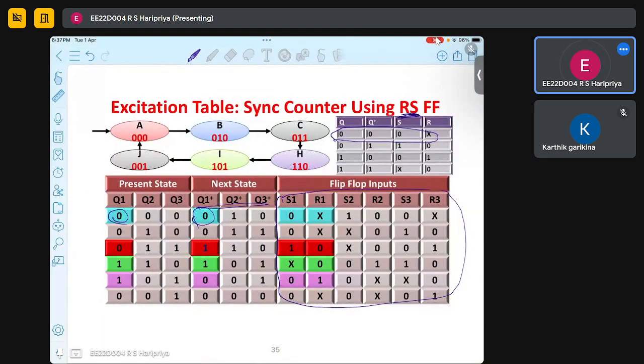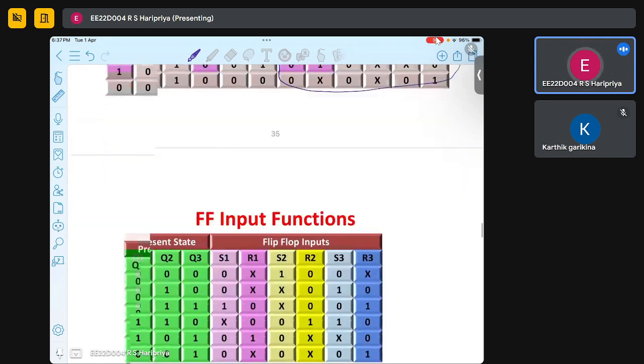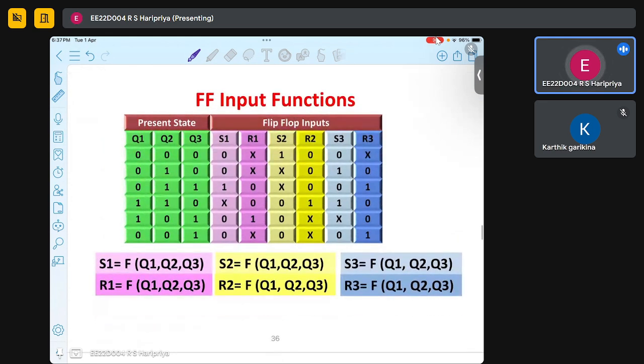So R1, S1 is 0x. In this way, we will fill this table using the excitation table of the RS flip flop, and again the present state and flip flop inputs.